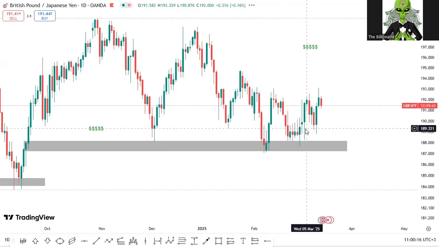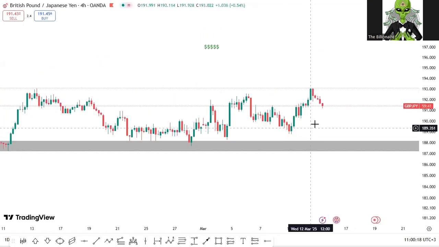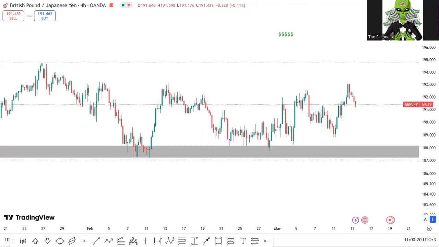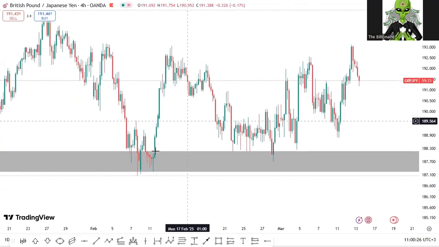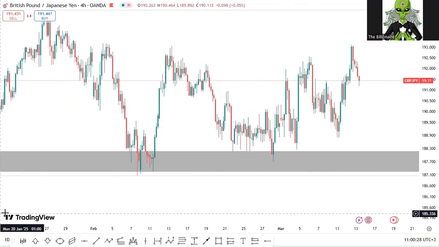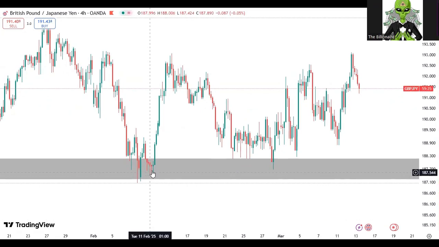Now let's turn our attention to what is happening right here in the present moment. Let's drop down to the 4-hour time frame. You see price has been reacting from this support level for a very, very long time now. Let's see how long. Yeah, since last month, price has been reacting from this support level right here.